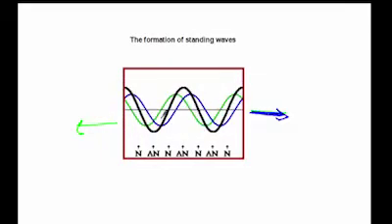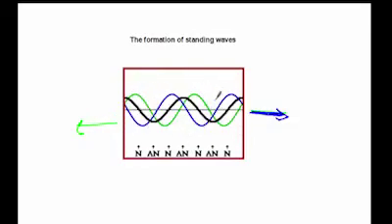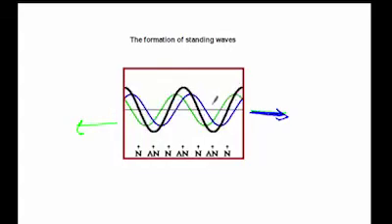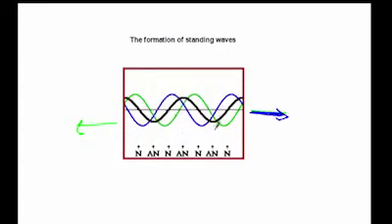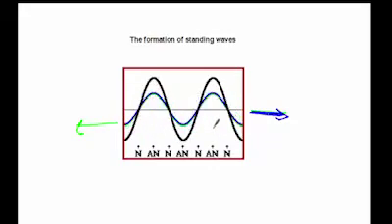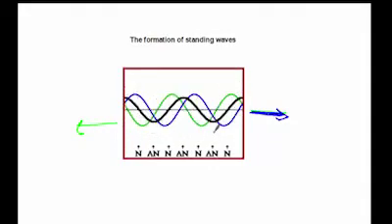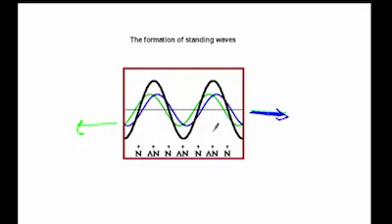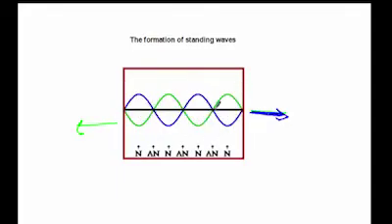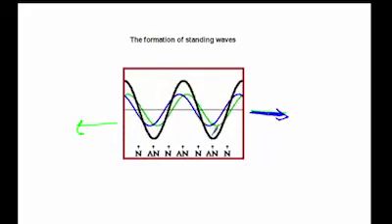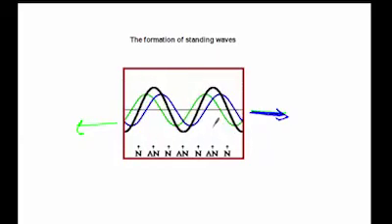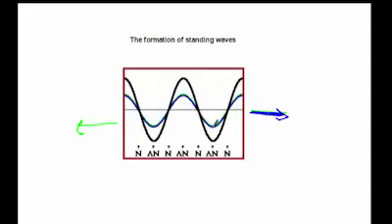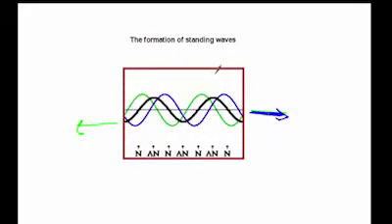Here you can see for some points the two waves, the blue and the green wave, meet each other at this point, and they are always in phase. It means the particles of the blue and the green waves are moving together either down or up.